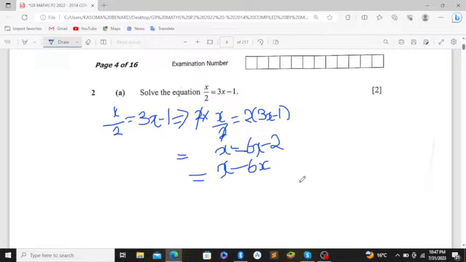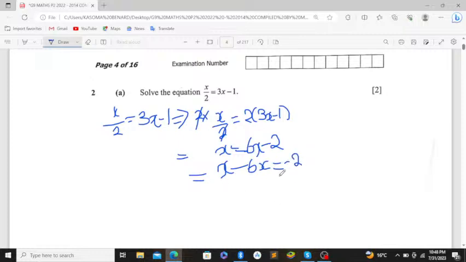This is the equal sign, then is equal to -2, sorry, this is -2, so minus 2.